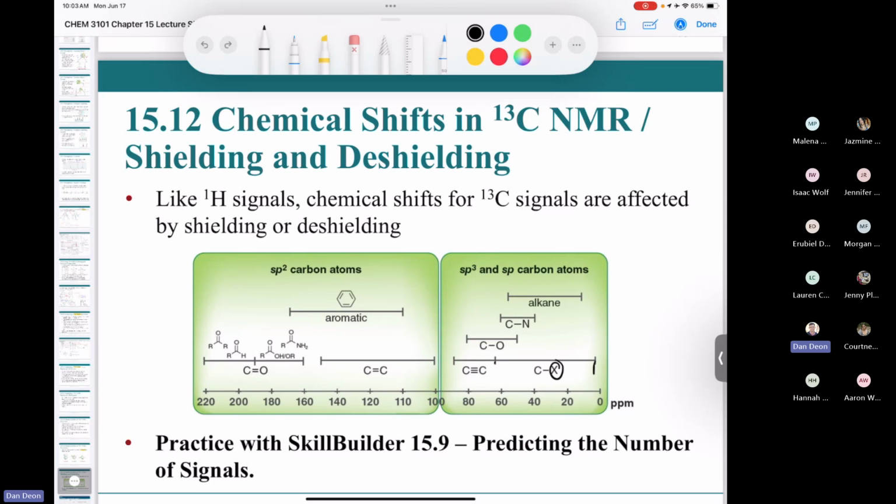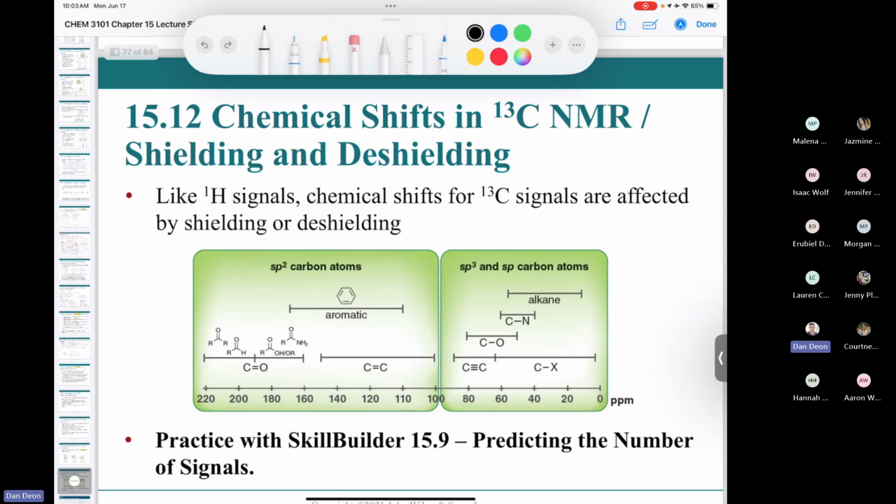Bonds to nitrogen fall in this range, about high 30s to 50. Bonds to oxygen are going to be higher, from about 50 to 80. Triple bonds are in the 60 to 90 neighborhood.